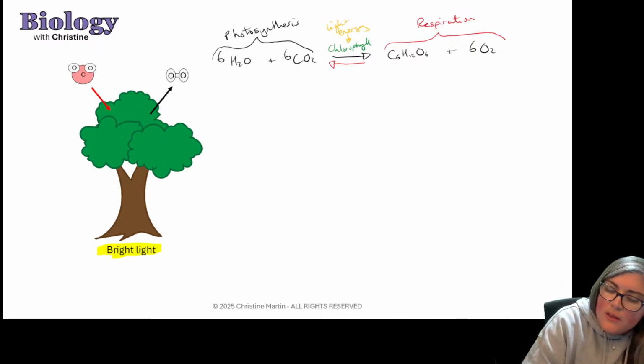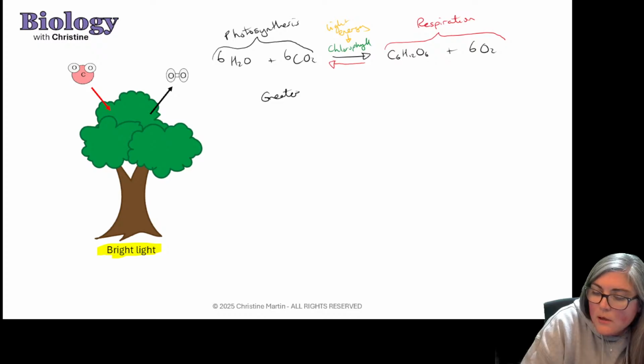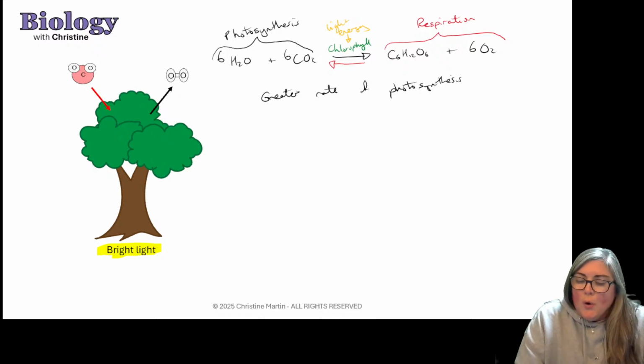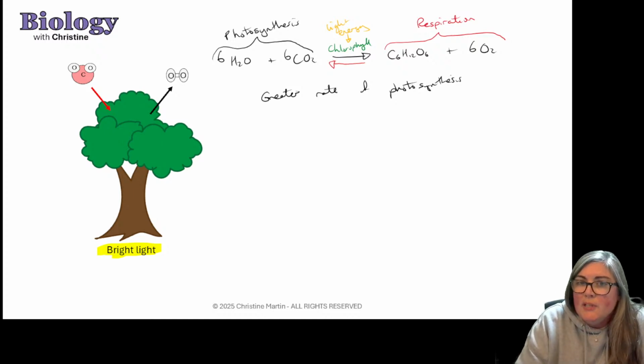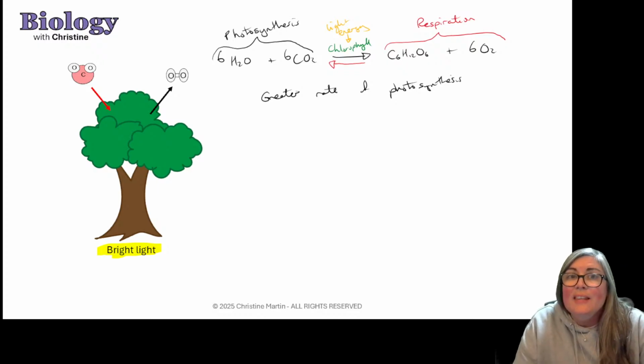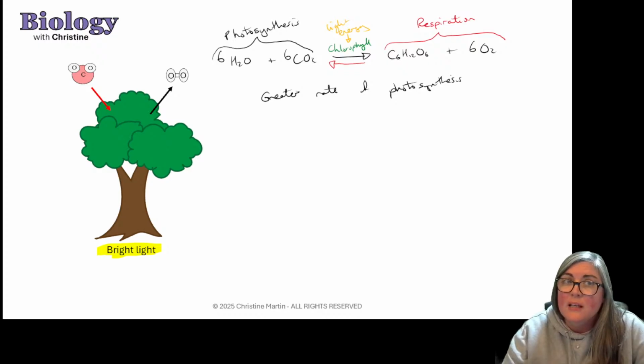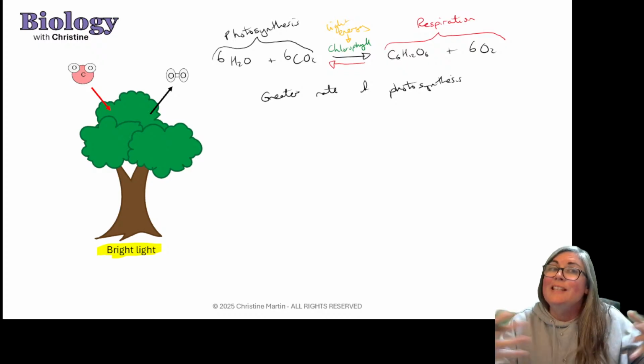We can be sure that there is a greater rate of photosynthesis compared to that of respiration. So the oxygen being produced through photosynthesis is in excess of that needed for respiration. Because of that, it is being lost to the environment. It is being exchanged. It is leaving the plant.